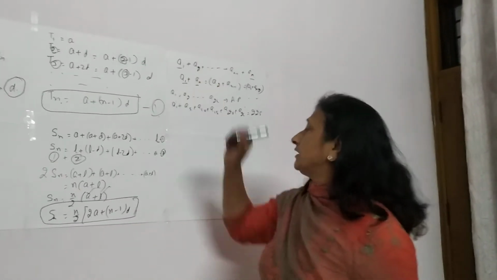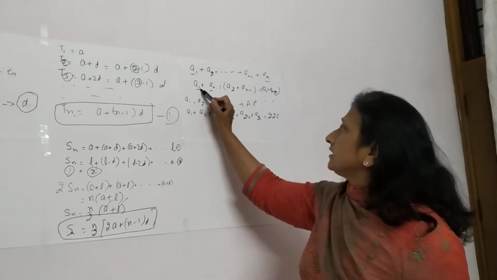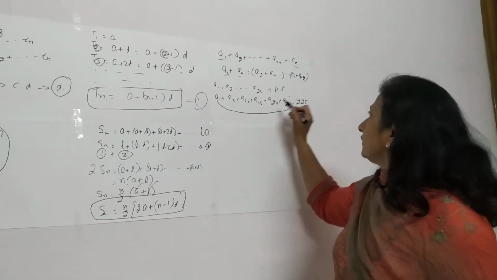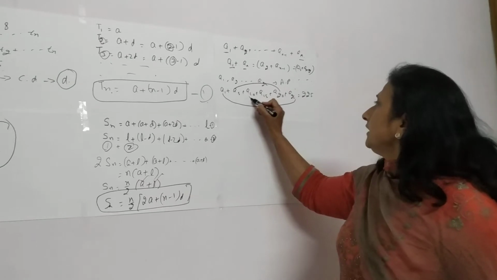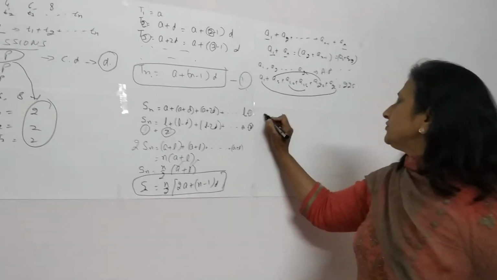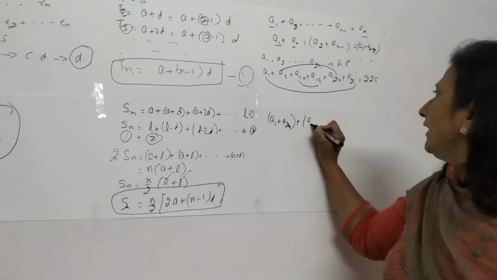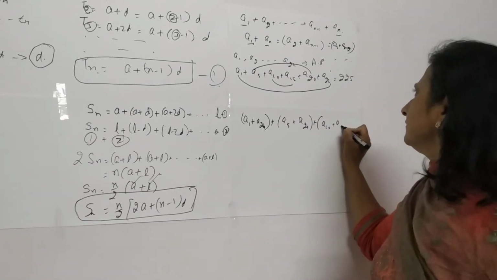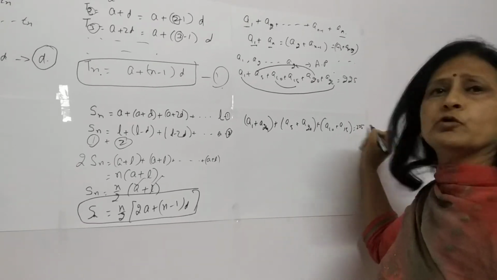Now using this property, how can we find the sum? As we just discussed, the sum of the terms which are equidistant from the beginning, that is A1 plus A24, A5 plus A20, A10 plus A15. Rearranging, I can write it as A1 plus A24 plus A5 plus A20 plus A10 plus A15 is equal to 225.